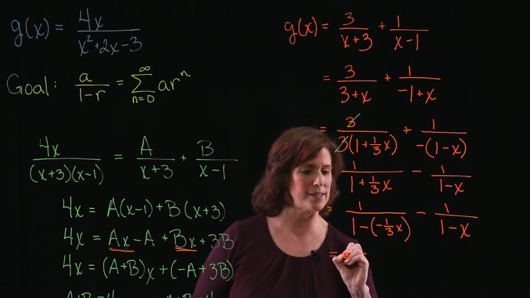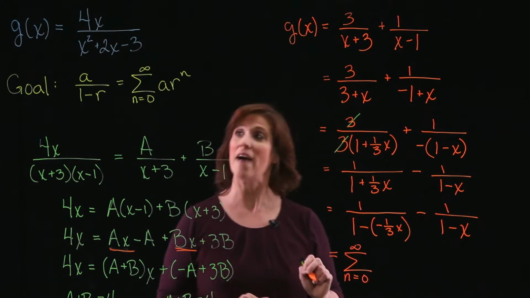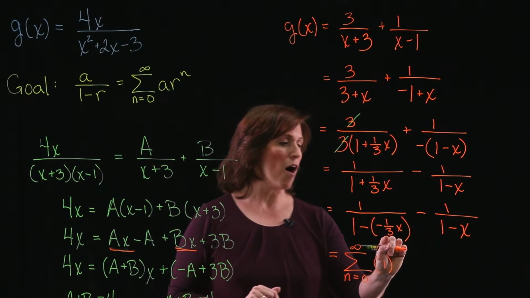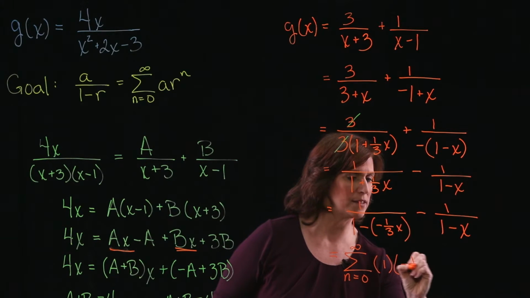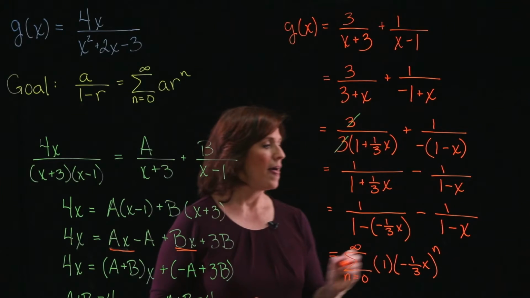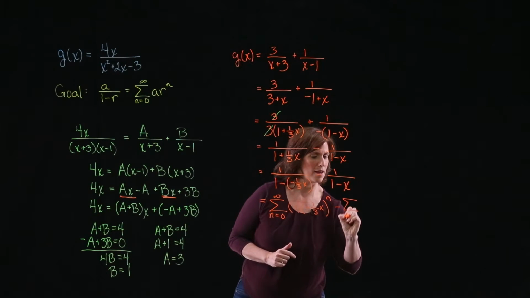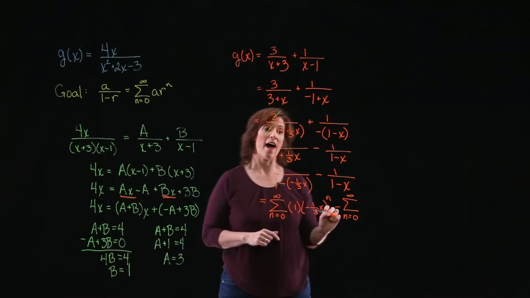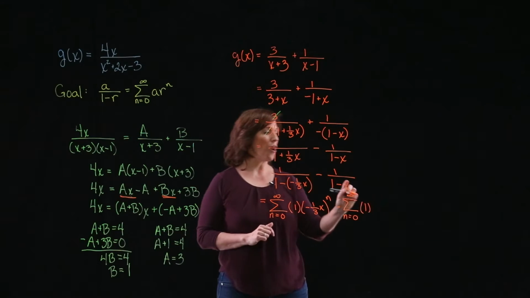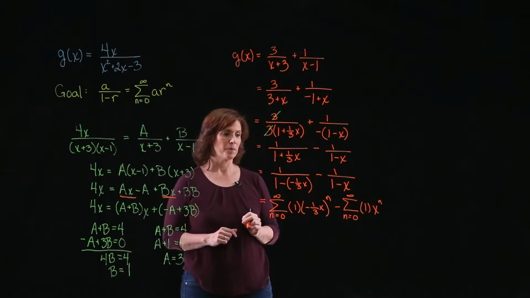So I'm going to have the sum from n equals 0 to infinity of a, which is just 1, times my r value, which is minus 1/3 x, raised to the nth power. And for the second series, I'll have the sum from n equals 0 to infinity of a, which is 1 in this case, times r, which is x, to the nth power.